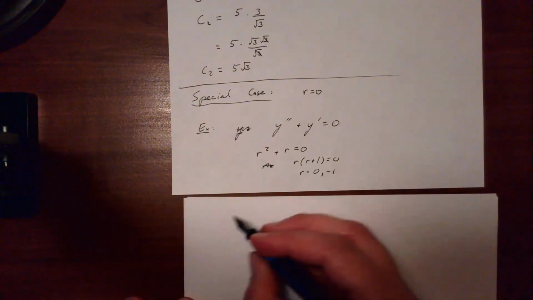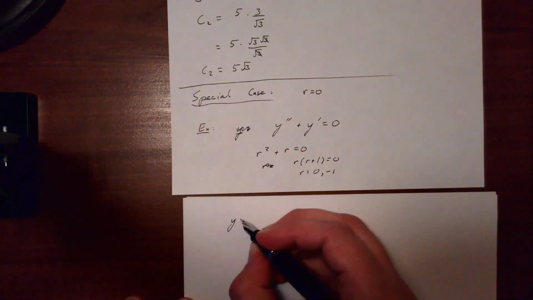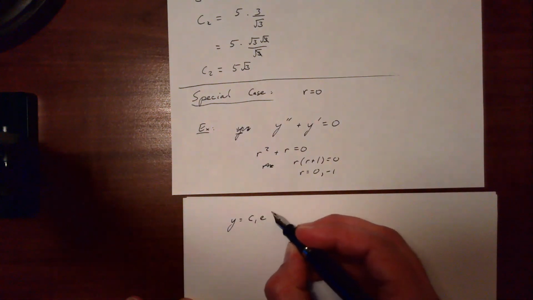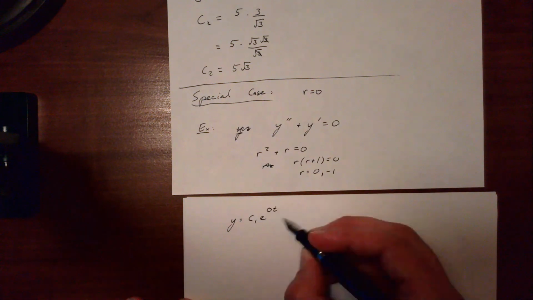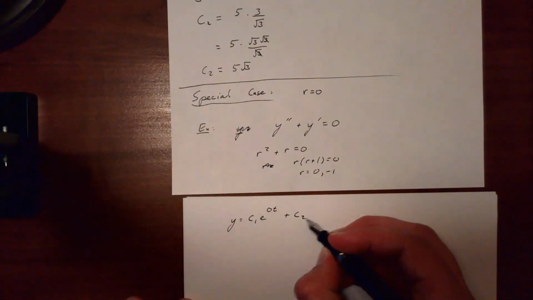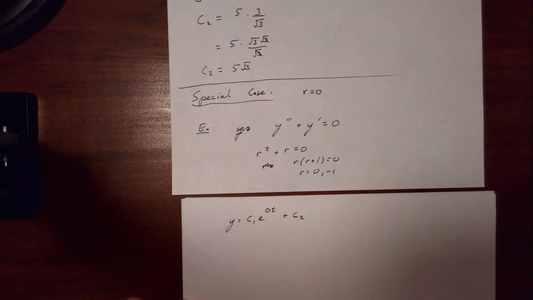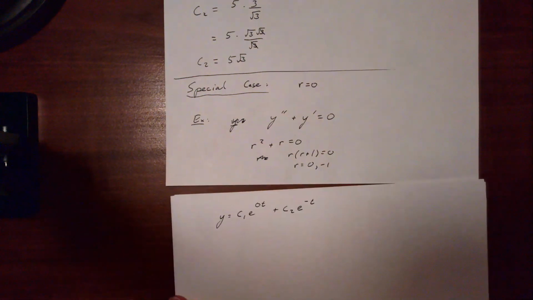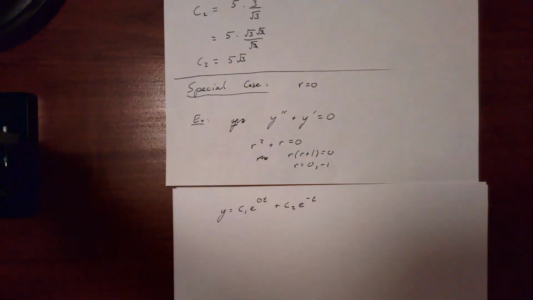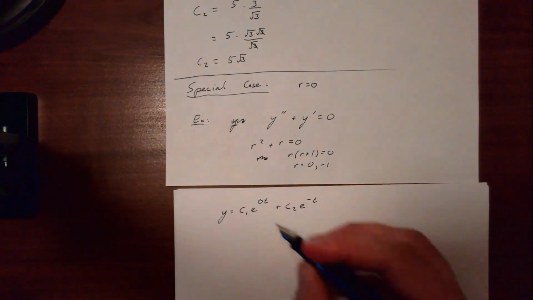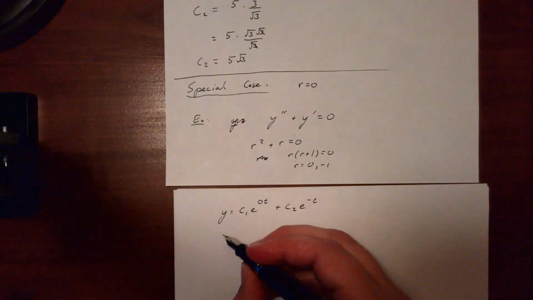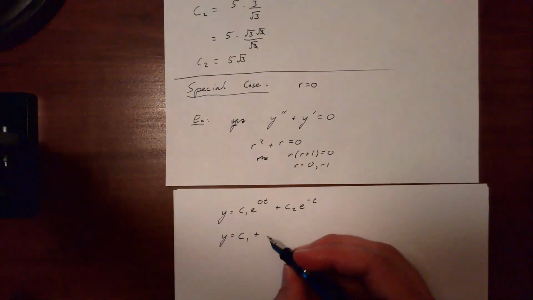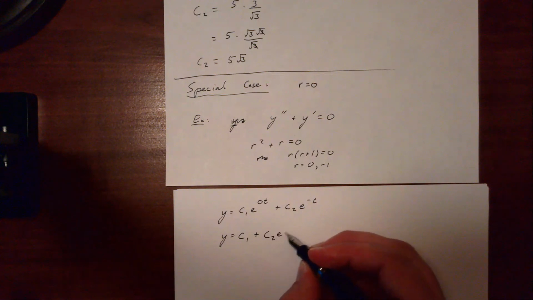So what we're going to have then is y equals c1 e to the 0t plus c2 e to the negative t. And that actually, if you examine it, is going to be the same as y equals just c1 plus c2 e to the negative t.